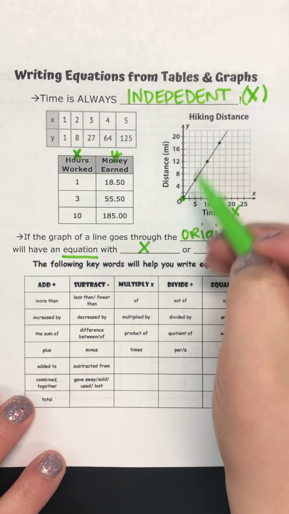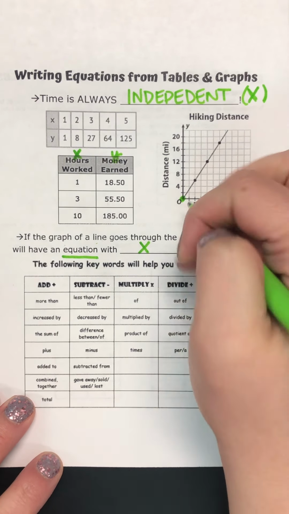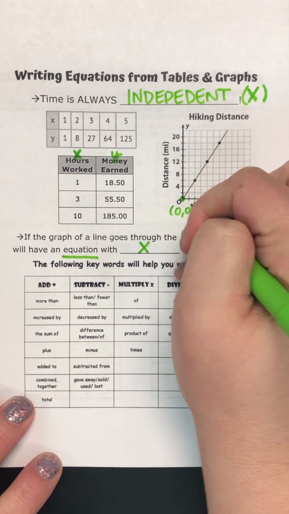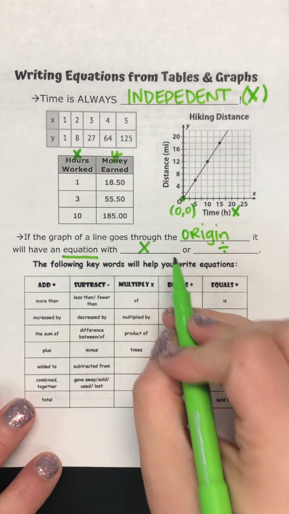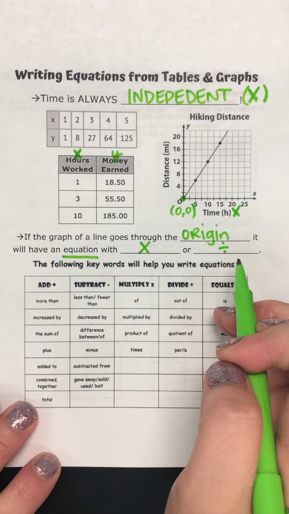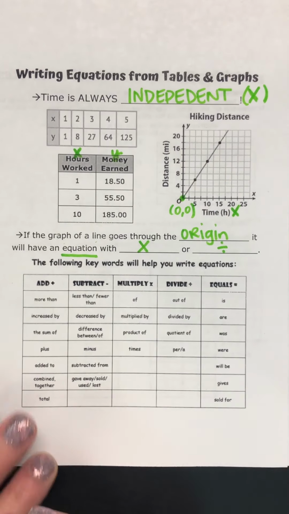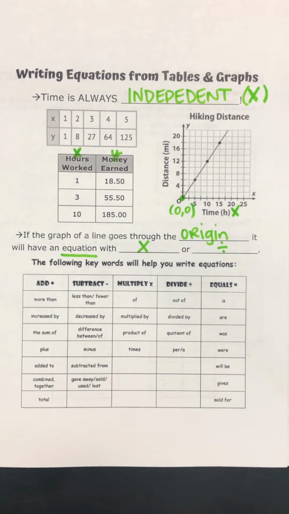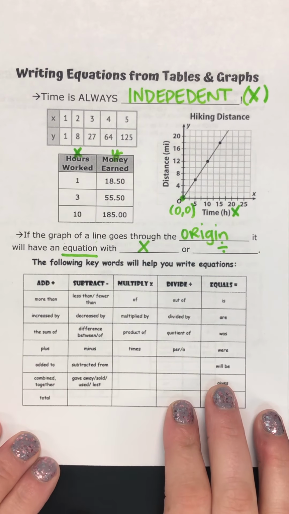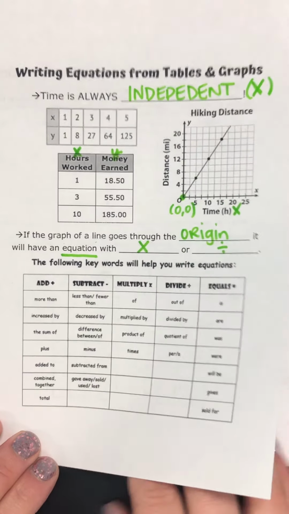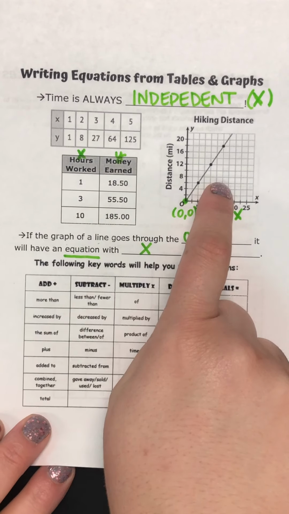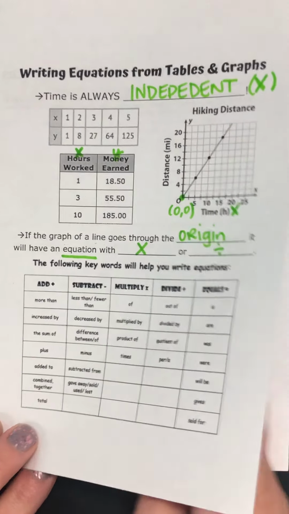If my line goes through 0, 0, if it goes through the origin, it will have an equation that is multiplying or dividing. So those are good things to know when we are working with tables and graphs. And again, I put some more key vocabulary down here for you because we're still going to focus on vocabulary, but now we're going to look more specifically into tables and graphs, okay?